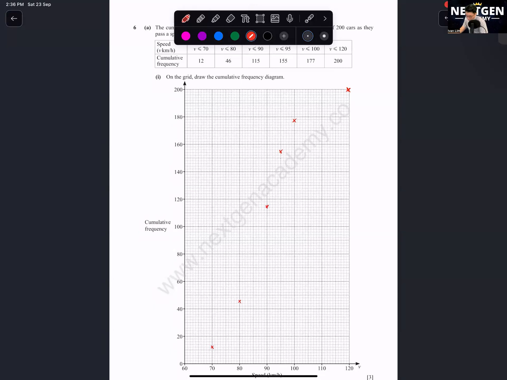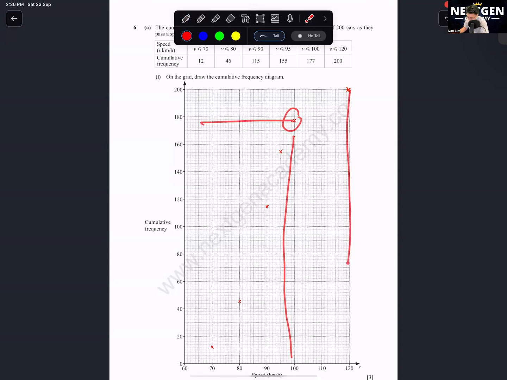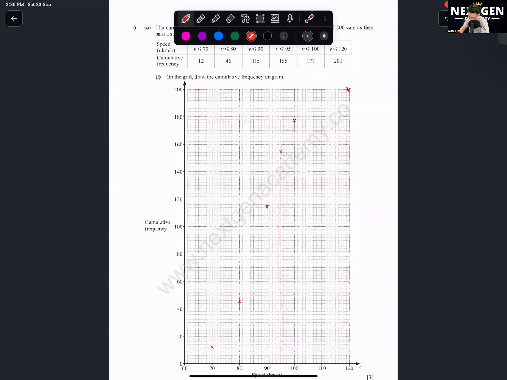I have to double check whether it's correct. 100, 177. This one is 95. Now you connect all the dots together. Don't use a ruler, freehand it.